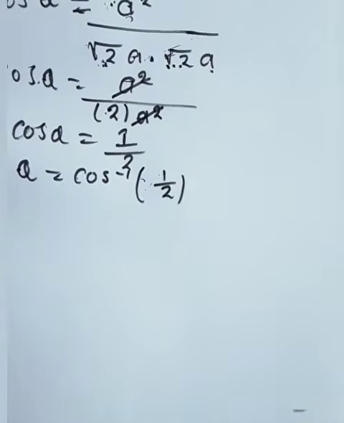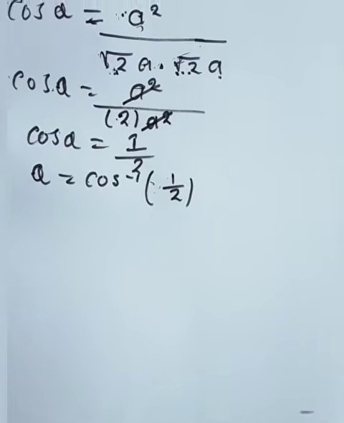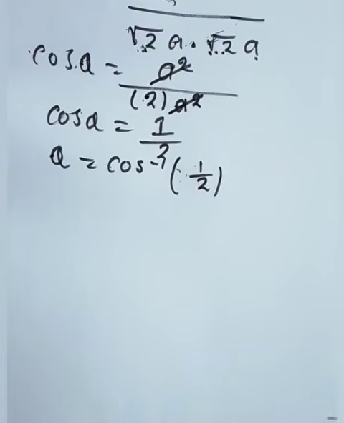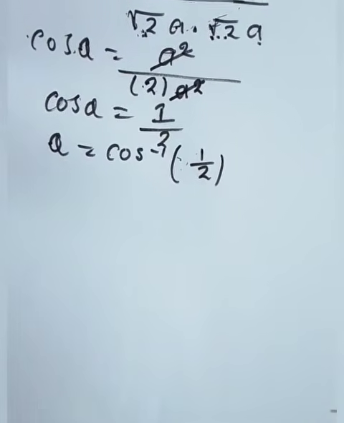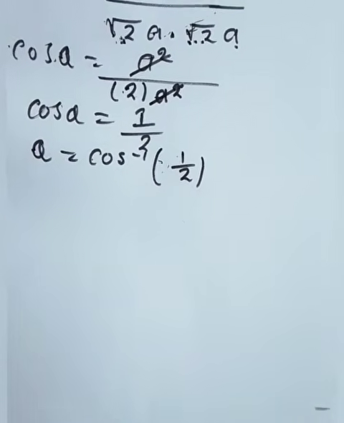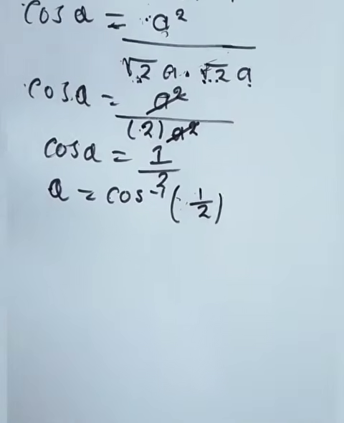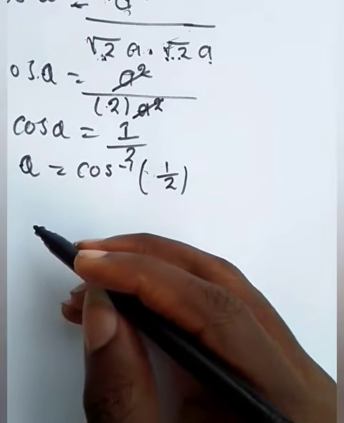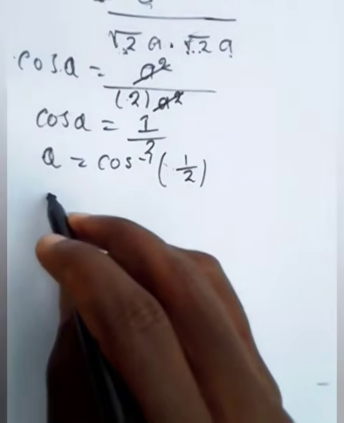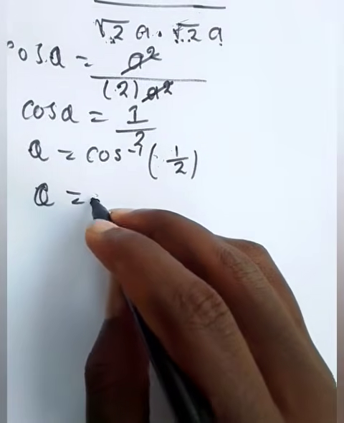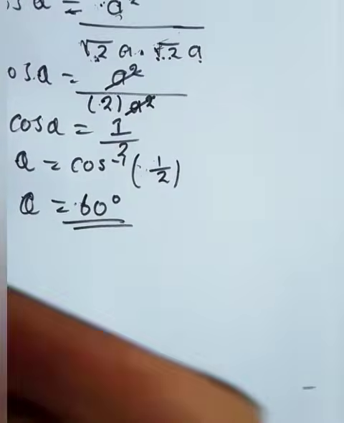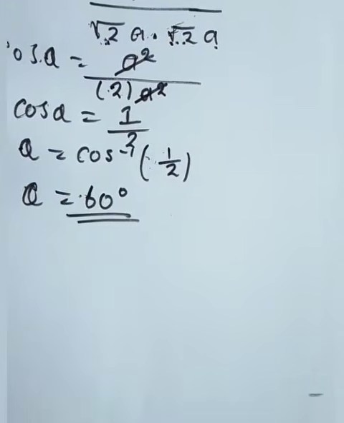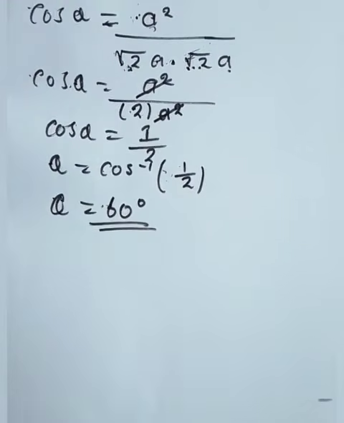So I want you to punch this on your calculator and tell me what you're going to get. Okay, so what you're going to get is that you're going to find your angle to be 60 degrees. This is how you do it. So let's go on to the next question.